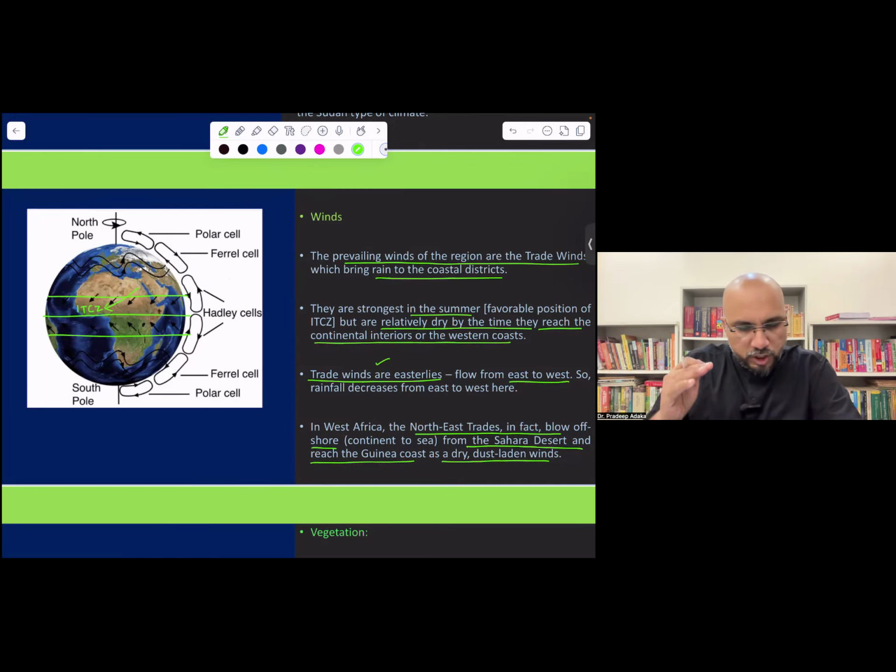Okay, they lower the temperature a bit. They relieve the people from very hot, dry weather. They have a special name. These winds which are blowing from Sahara towards the Guinea coast.